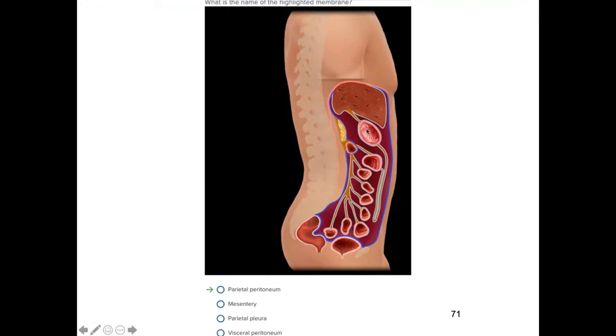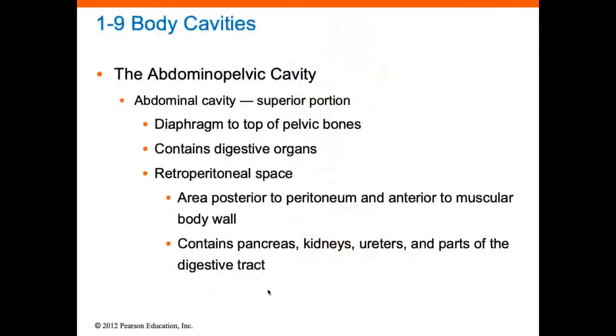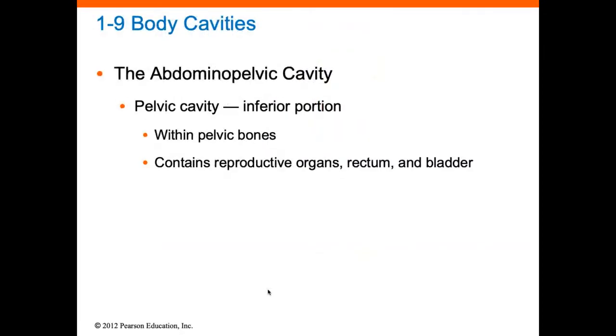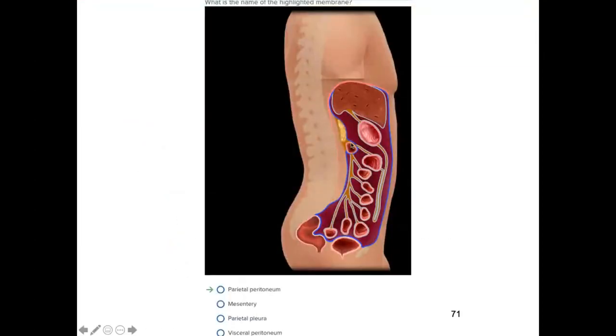But here's the liver, here's the stomach, here's the large intestine, here's the small intestine at many different levels. So here, around the outside, this blue going all the way around that's lining the cavity, that's the parietal peritoneum. If we were looking at visceral peritoneum, that would be this layer here.